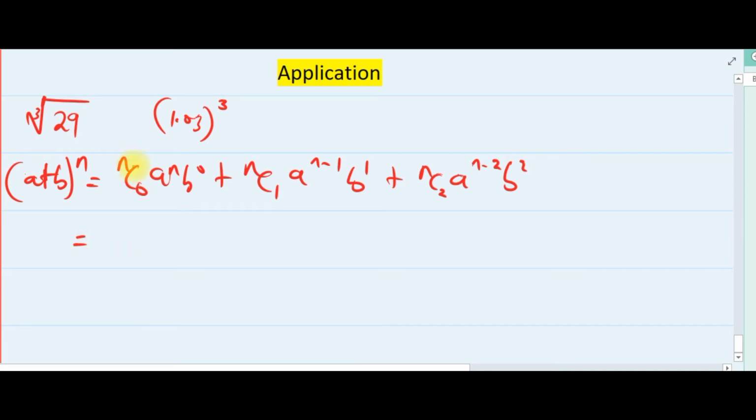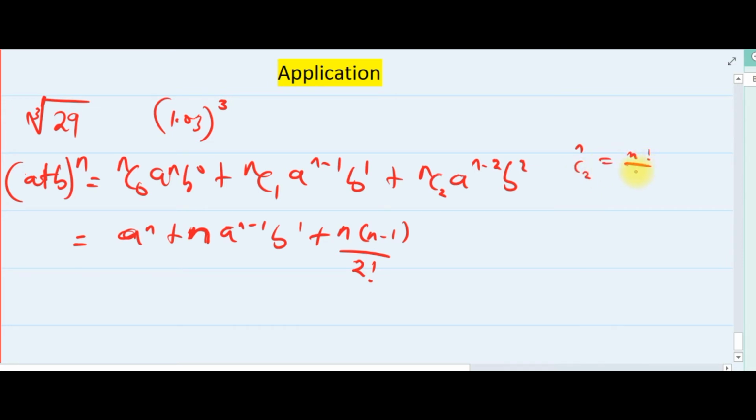If you could remember, n combination 0 is 1, so this is a^n, plus n combination 1 is n, this is a^(n minus 1) b, while n combination 2 is n times (n minus 1) over 2 factorial, if you could remember, using our binomial theorem.